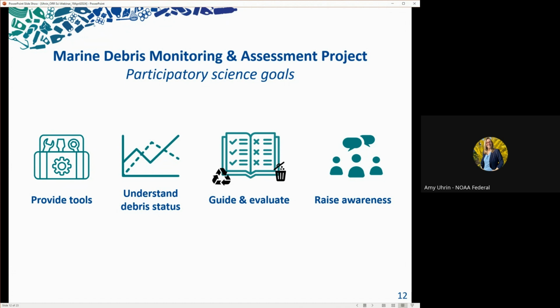All of this is in the hopes that they will use that information to guide management interventions and also raise awareness overall about the issue. And in fact, people have used our shoreline monitoring protocols for these purposes. I won't get into details about those, but you can have a look on our website, which I'll give you the link to at the end, for the monitoring specific portion of our website.